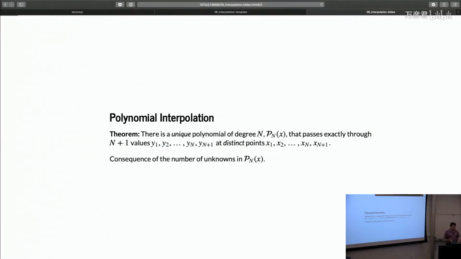There's lots of reasons for this. One that we've seen already, or talked about a little bit, is that if I create a system of equations for this polynomial to solve for the coefficients, I have exactly the right number of unknowns if I require this, which means there's a unique solution to that system of equations. So that's going to come up in a couple other different ways too as we go along.